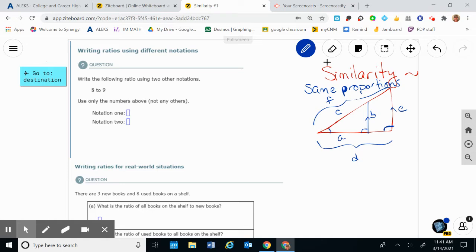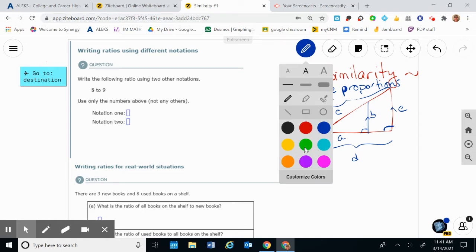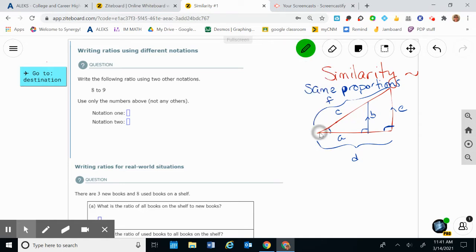So C is just for the little guy. Maybe I should put that in a different color. So C is for the green, B is for the green, and A is for the green.